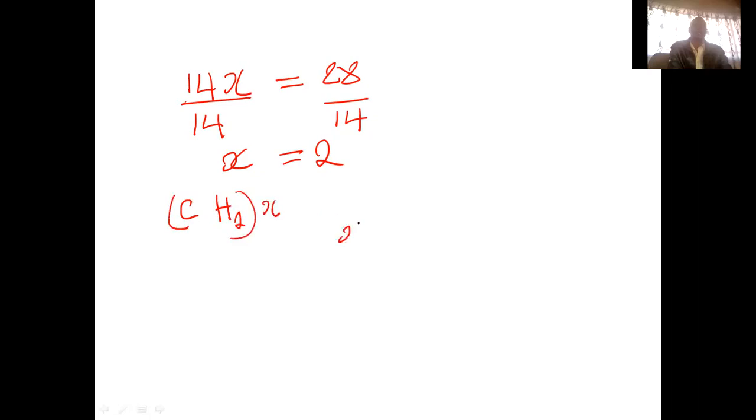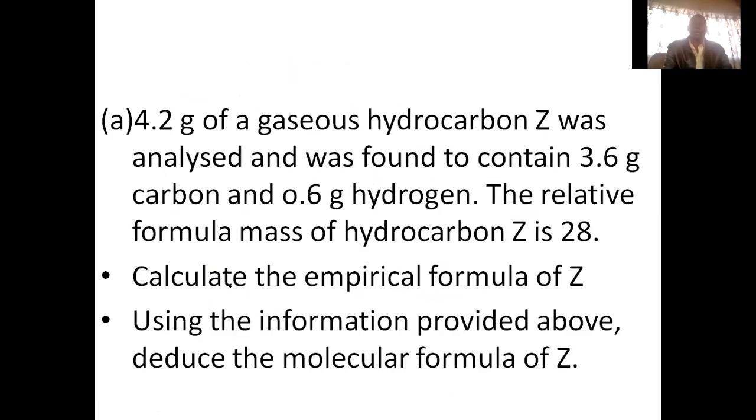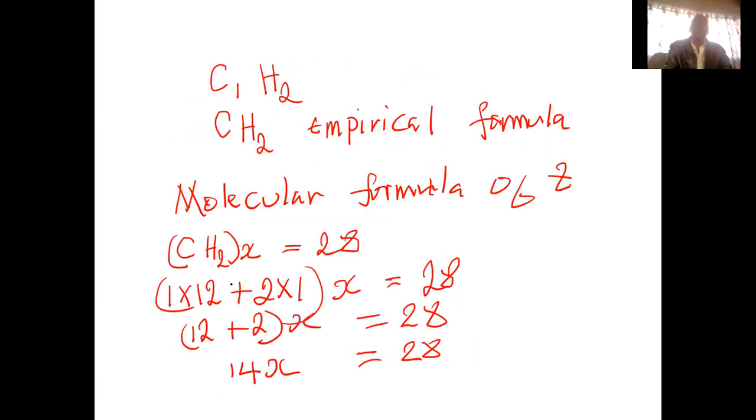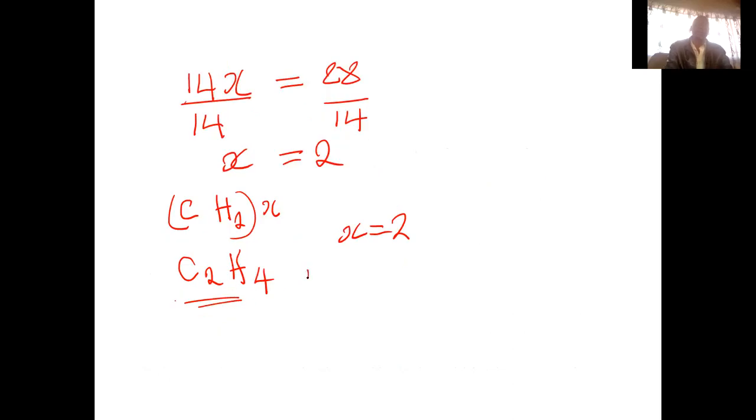And remember, x we have found to be 2. And therefore, we're going to have 2 atoms of carbon, and when you multiply 2 times 2, it would give 4. So we have calculated the molecular formula, C2H4. So this is the molecular formula.